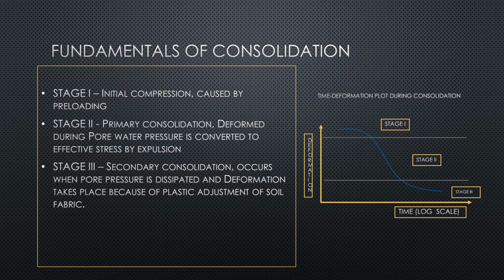Stage 2 is the primary consolidation. When we say primary consolidation, the soil deforms as pore water pressure is converted to effective stress by expulsion. So it happens during the expulsion of water in the soil. As you can see in the graph, the deformation is very drastic, within a short period of time, because the water is being expelled.